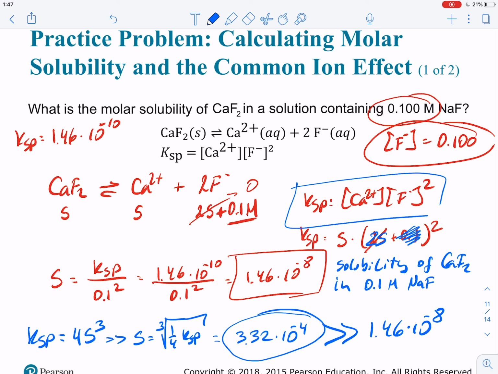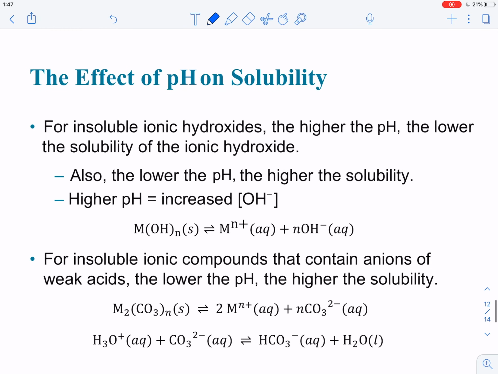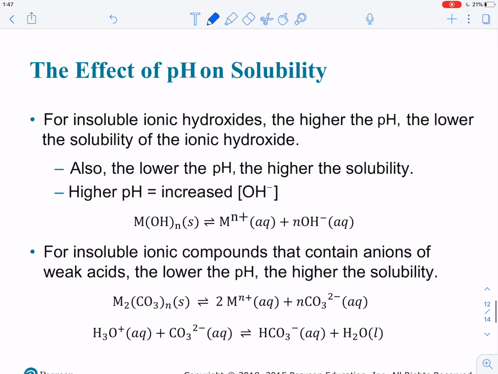Now there is another situation that is related to the common ion effect, and that is the pH. If you remember, there are salts that have an acid or base character, and if those salts also have solubility equilibria, then the pH will affect the solubility of those salts.